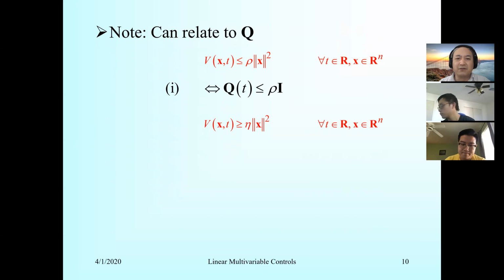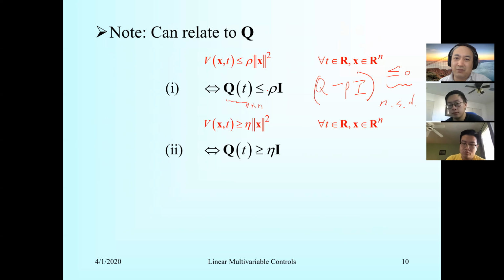So when you write this matrix less than this one, it's maybe fully populated and this is diagonal, so how can you compare? No, it's understood in the sense of NSD. So the difference of the matrices is negative semi-definite.